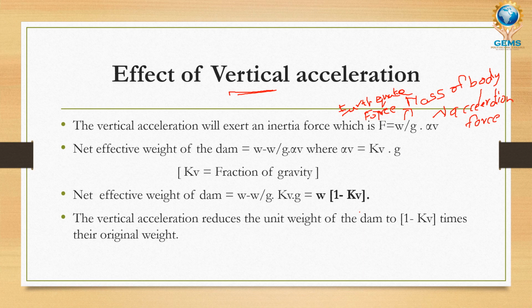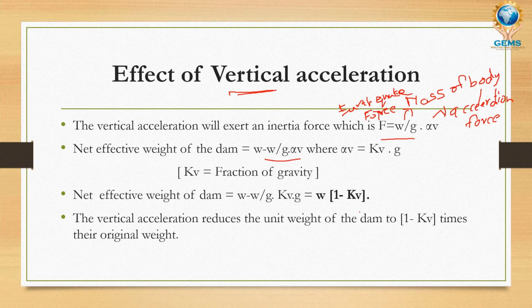So the change in the effective weight is given as W minus W by G into alpha V. This W is the older unit weight of the dam, and W by G into alpha V is due to the force generated by the earthquake.